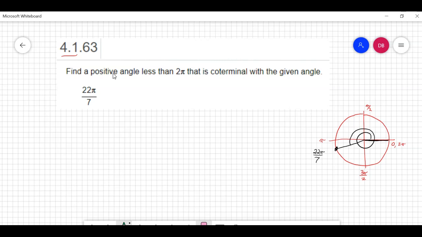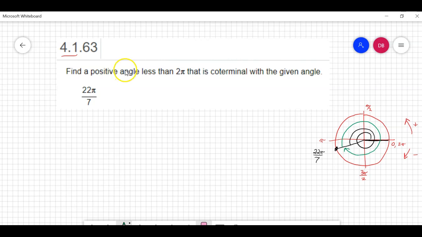The thing you've got to remember is if I move in this direction, counterclockwise, angles are positive. If I move clockwise, angles are negative. So I am too big. I'm bigger than 2 pi. So what I need to do is move clockwise all the way around until I get back to here.